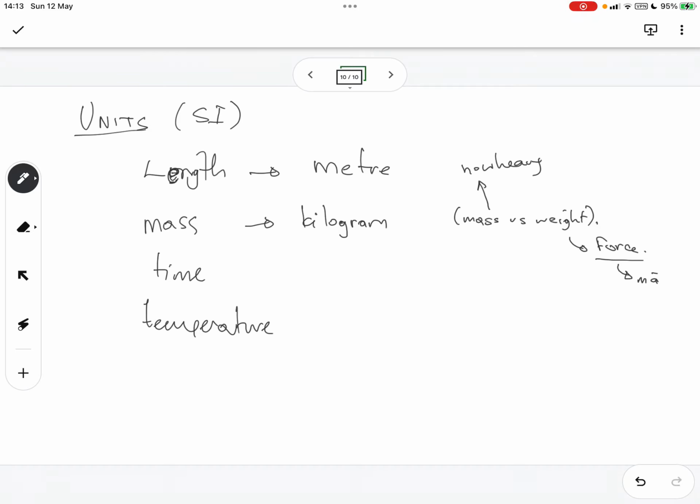And that acceleration, do you want to guess what that acceleration is that gives any object of a mass a weight?